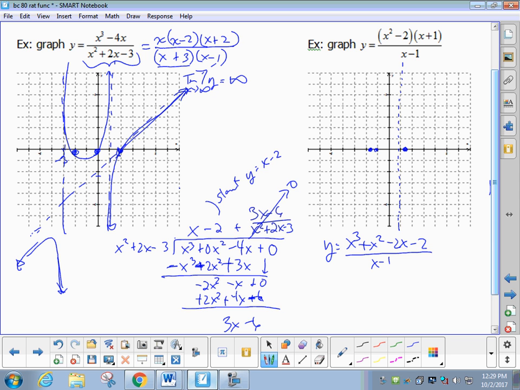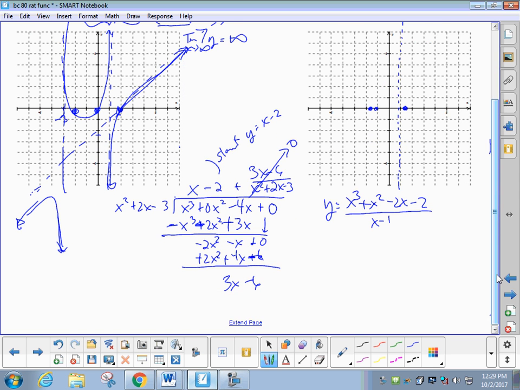Yeah, it'll have a parabolic asymptote. Let's divide, shall we? Synthetically or long division? Synthetic. If you do synthetic, then you get something like that. So what's the equivalent form of this rational function? x squared plus 2x, minus 2 over x minus 1.